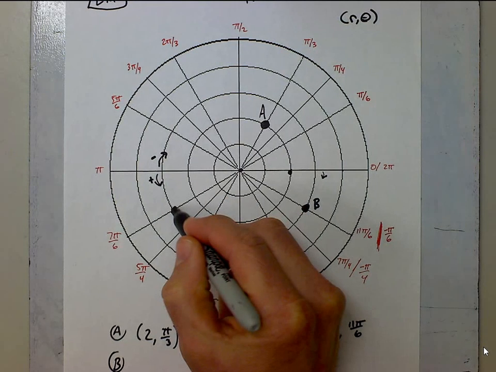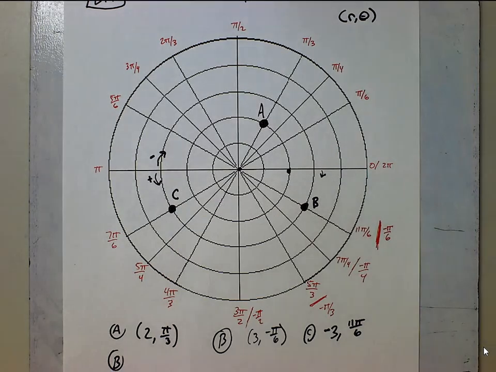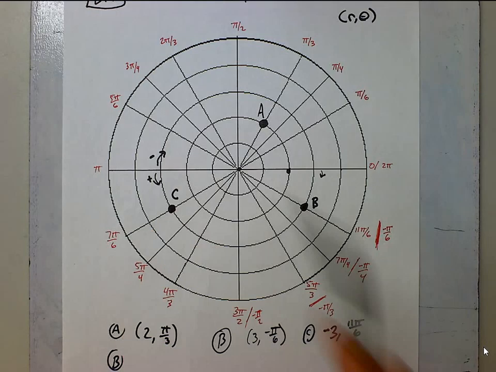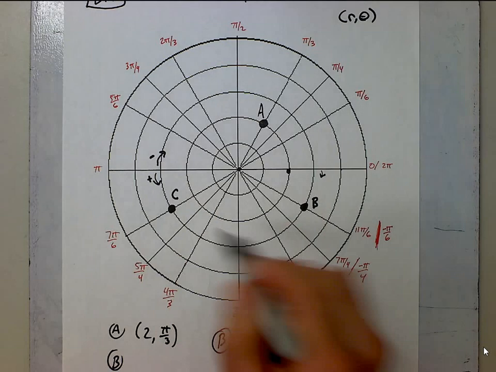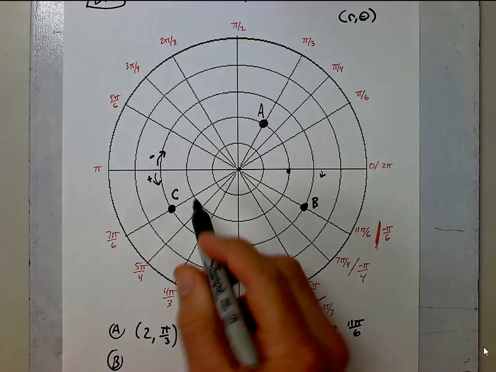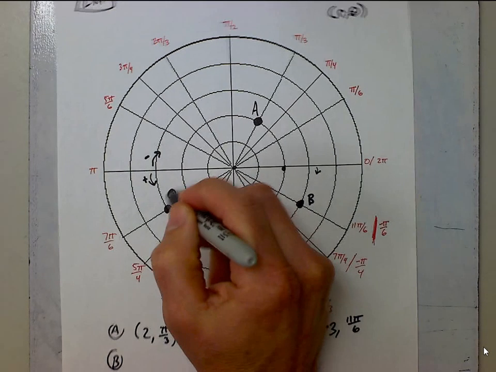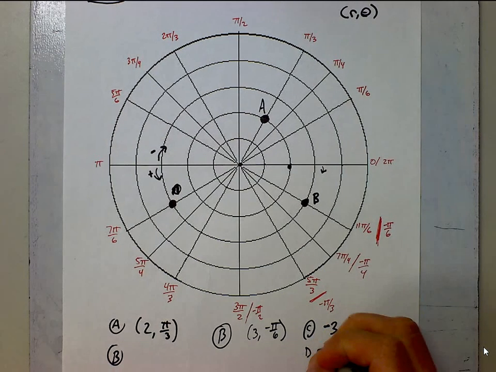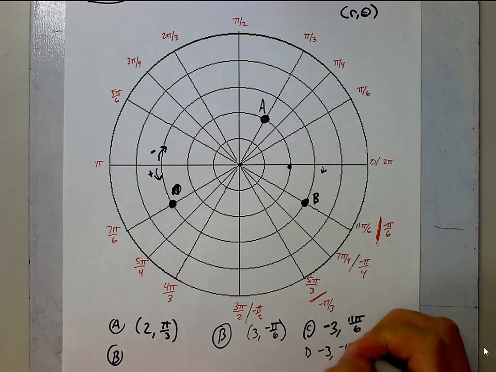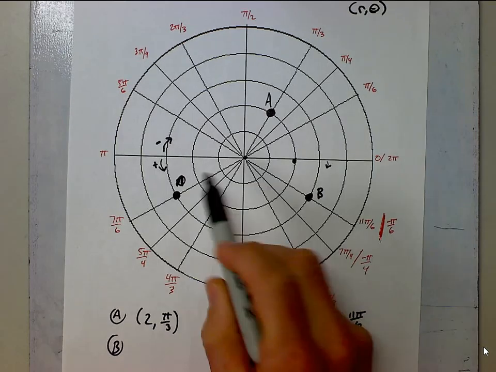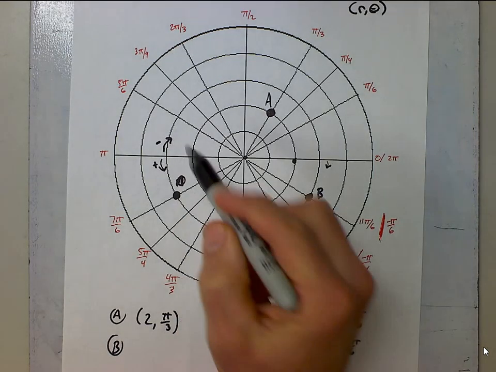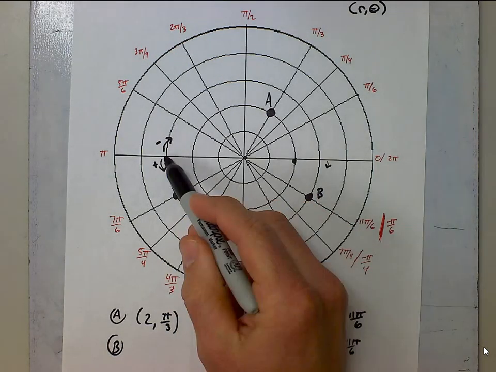And that is letter C. Negative 3, so go negative in the x direction, but go positive 11 pi over 6. Actually, I messed that up because that's negative 11 pi over 6. So this one is actually not C. We'll call that one D, negative 3 comma negative 11 pi over 6, because I went negative 3 in the negative angle direction.